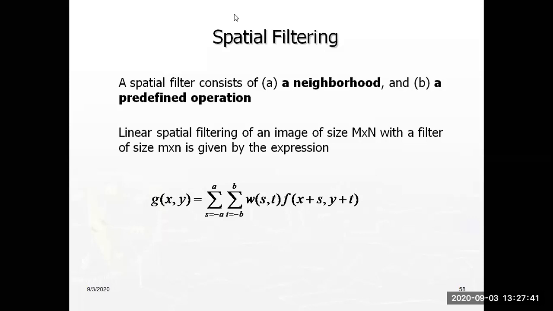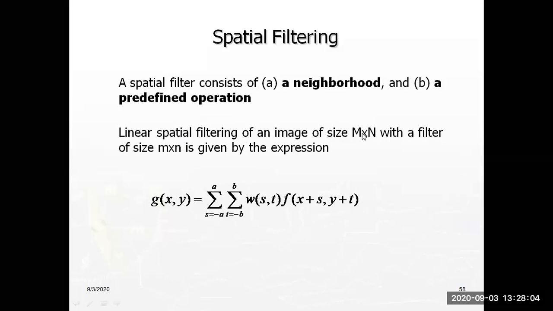So in spatial filtering there are two parts. Part one is a neighborhood. Part two is our expression, what we have to operate on. Here I am showing the first one, linear spatial filtering of an image of size M N with a filter of size small m n, which is given by the expression.